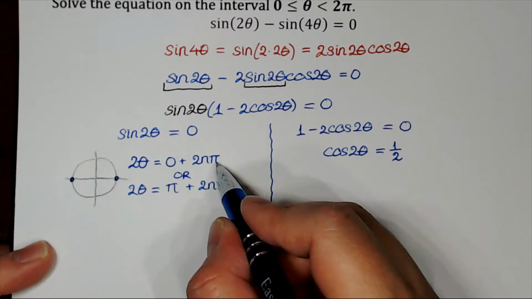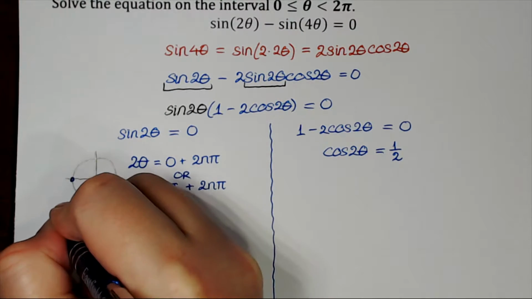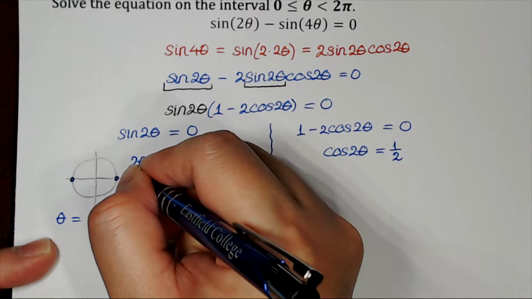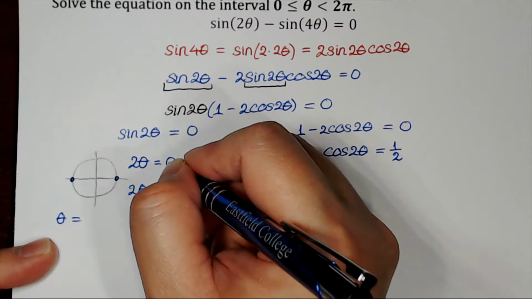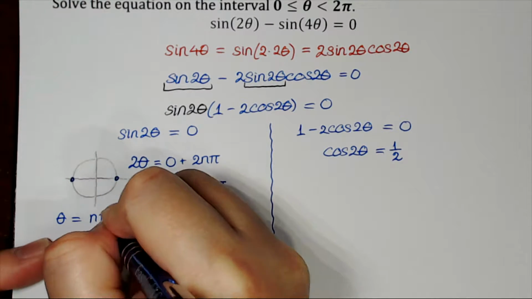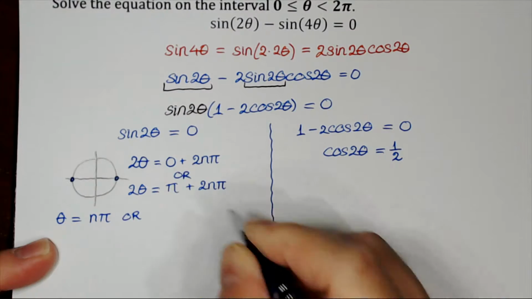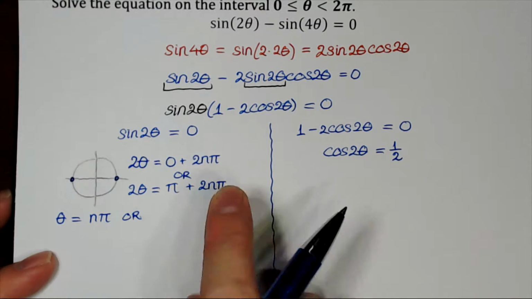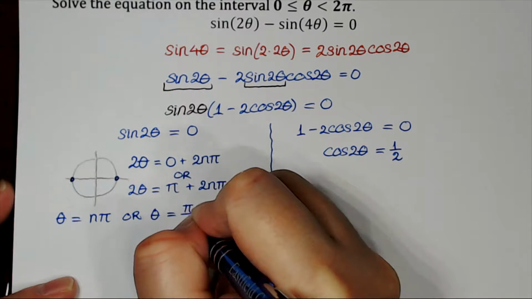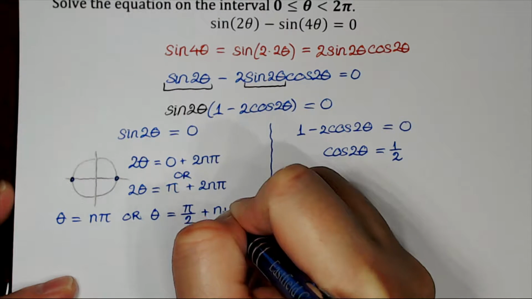If we divide everything by 2, the first part we have theta equal to, divide by 2 we have theta, divide by 2 we still have 0, divide by 2 we have n pi. So that's one of them. The second part we have theta, if we divide by 2, pi over 2 plus n pi.